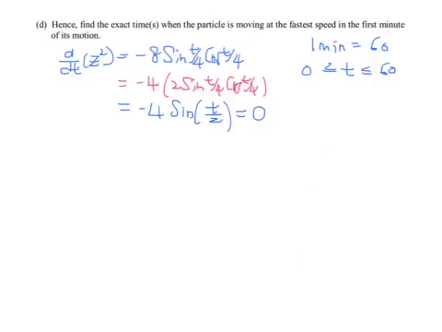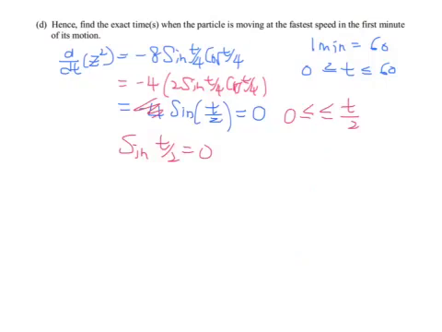Here I need to be very careful, because really I am solving sine t over 2 equals 0. I can ignore the minus 4 because it's not relevant in this context, and because the argument is t over 2, I need to look at the argument in this way.